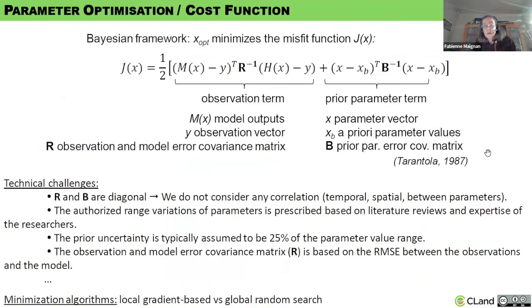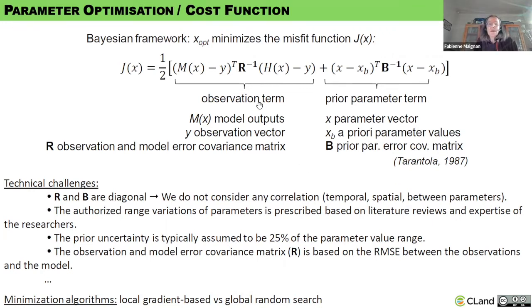So we go again to this cost function that we minimize within a Bayesian framework, as has been presented and discussed recently with Pedro and David.